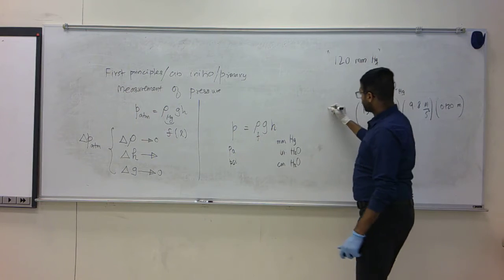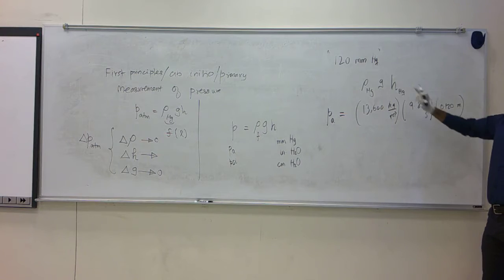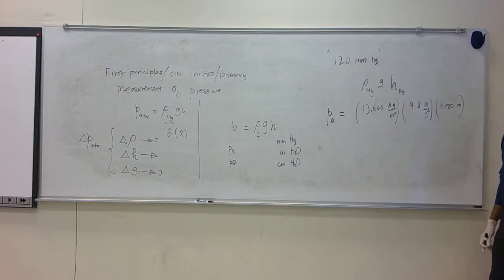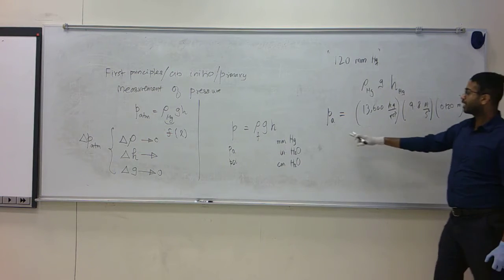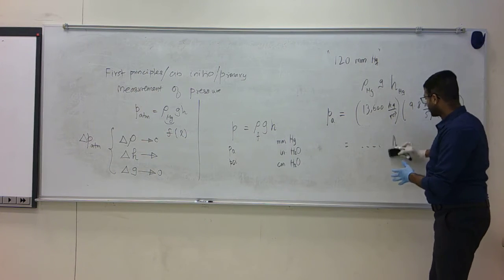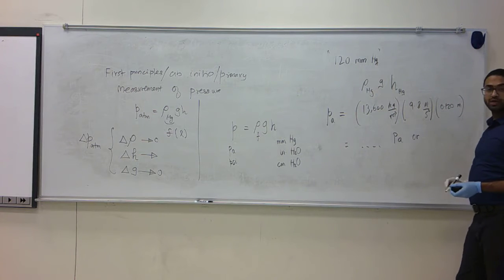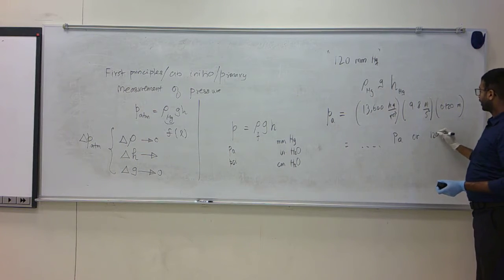That would be the pressure that is equivalent to 120 millimeters of mercury. You can either say it is equal to these many pascals, or it is equivalent to saying 120 millimeters of mercury.